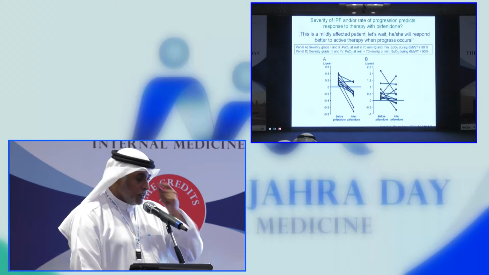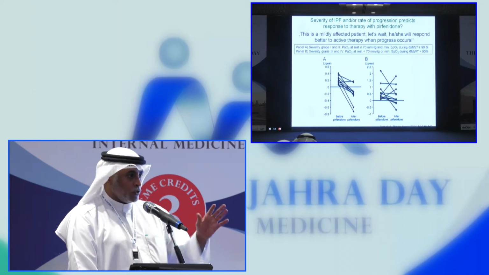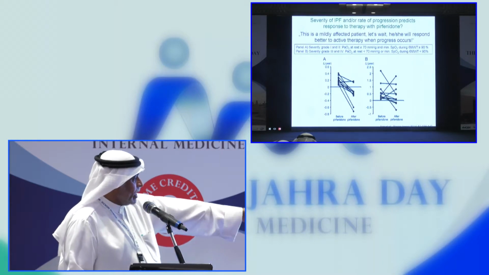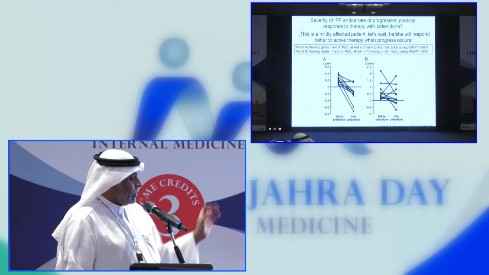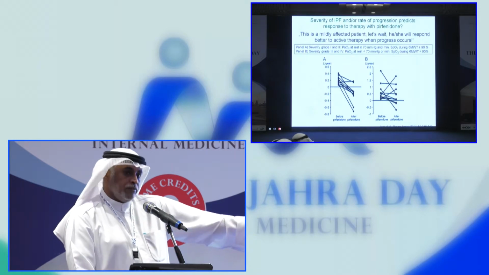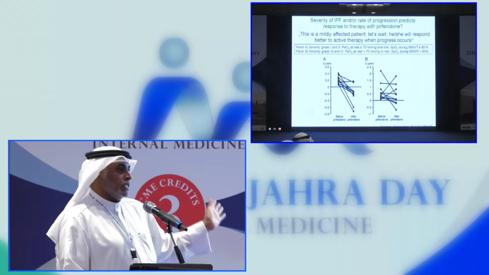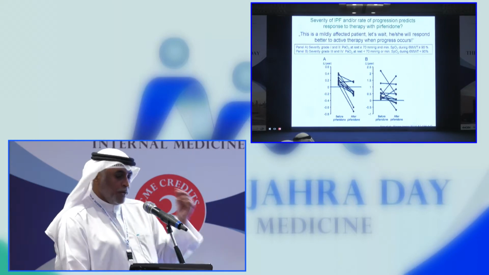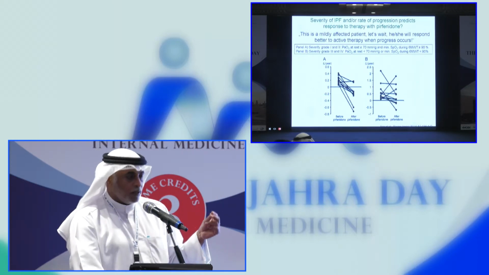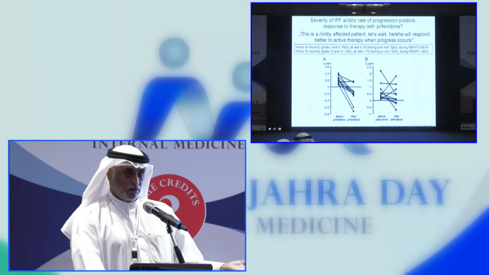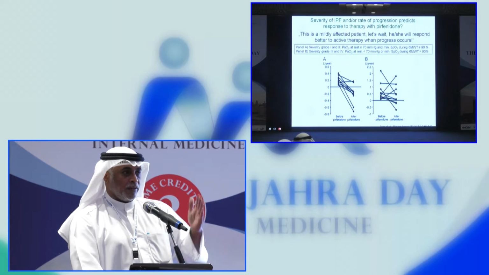Now, this is an important trial that tells us when to start. What they found from this study: on the right side, those with moderate to severe IPF, and on the left side, those with mild disease. The patients with milder disease get more response than those with severe disease.